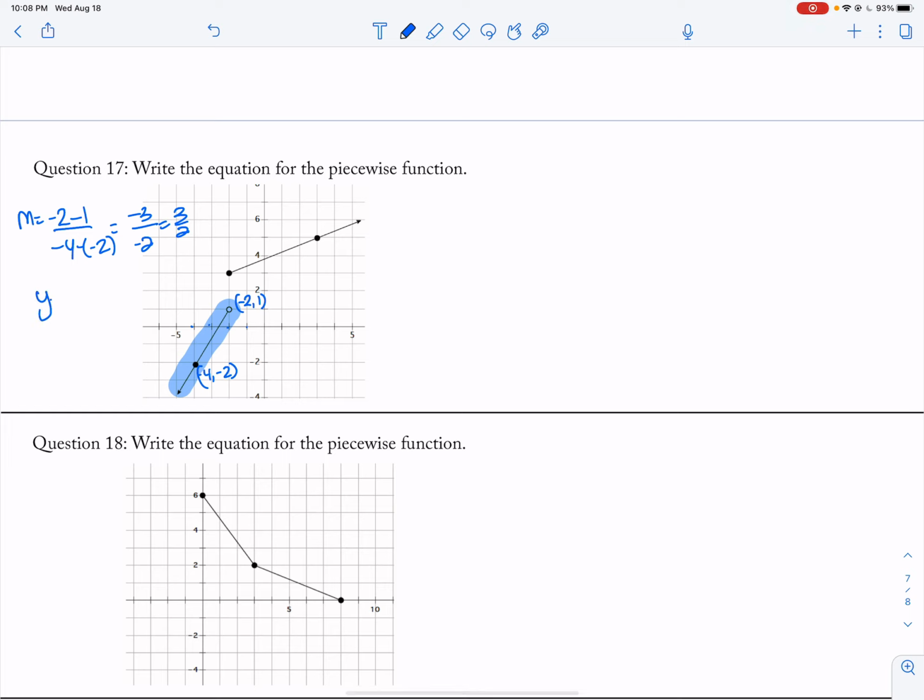So I go y minus 1 is equal to 3/2 times x plus 2, because it's a minus -2. So I move everything over to one side. So y minus 1 is equal to 3/2 x plus 3. And then I add 1 to both sides, so I get y is equal to 3/2 x plus 4.